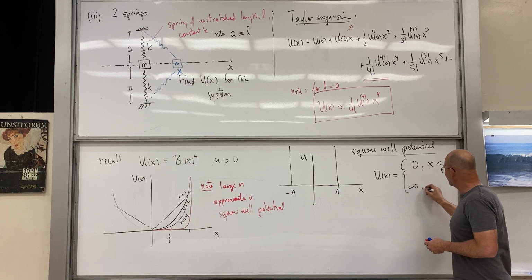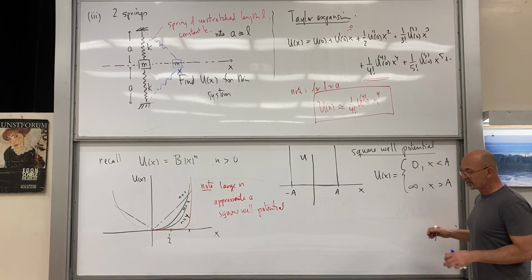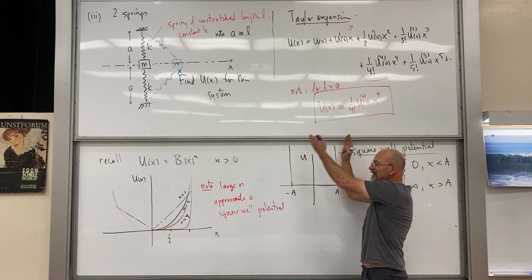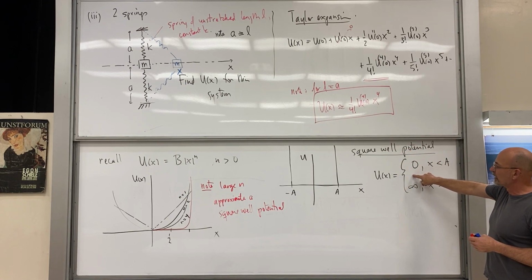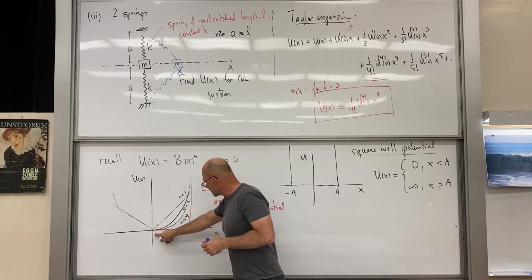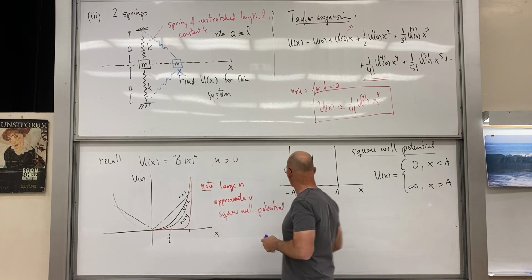And it's infinity for x greater than a. And the fact that we don't have equality here means what we're thinking of is infinitely steep segments going up there. So that's the way to discuss the square well potential. And you can see this in the limit as n goes to infinity is just that, okay, very square.